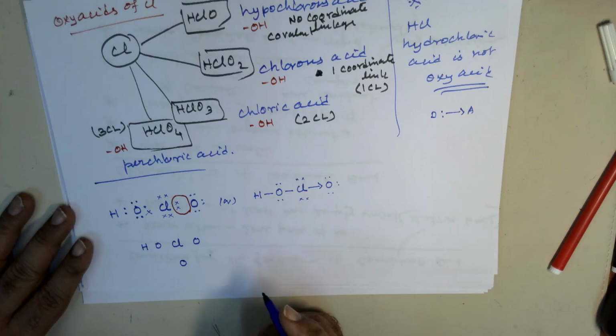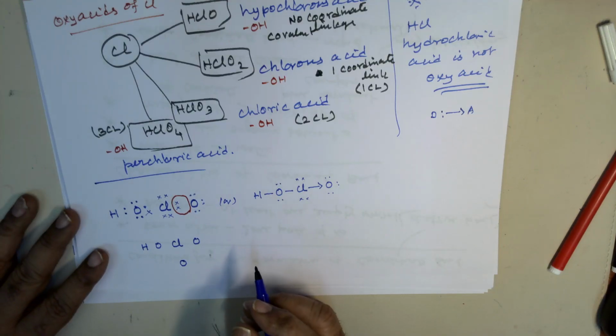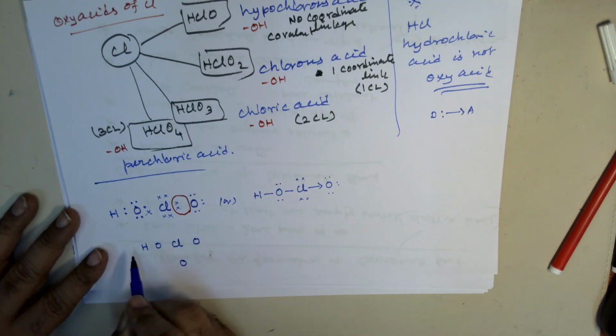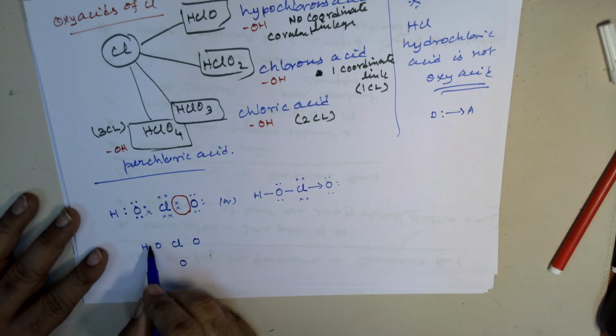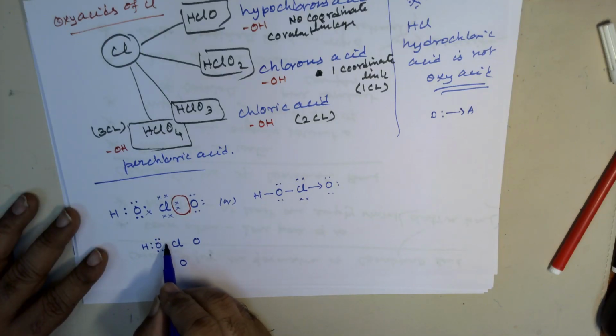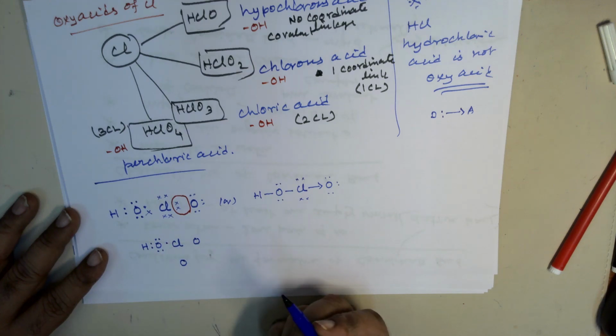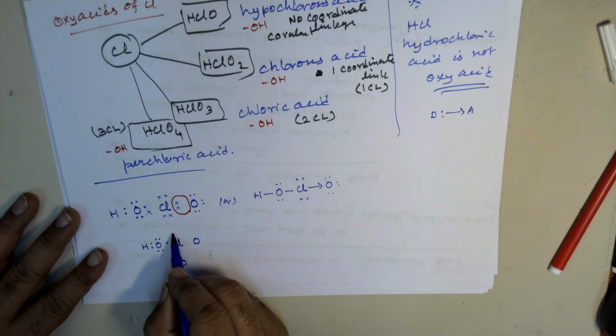Now shall we attempt to draw the dot formula? Let us put the oxygen and hydrogen electrons like this. So two, three, five. Do it carefully. Six. Now what about chlorine?